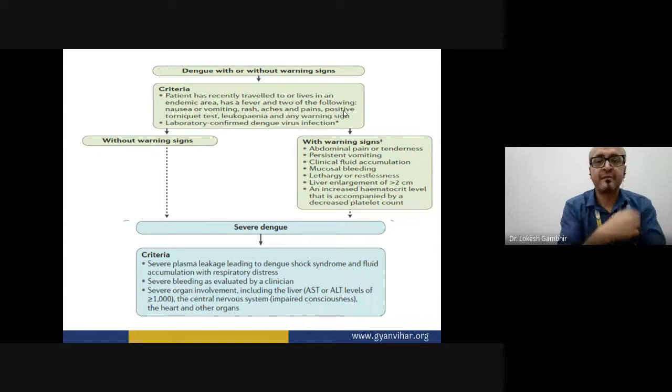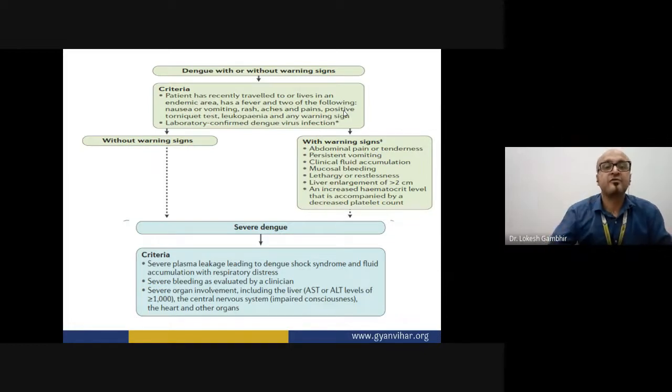There's a strap, and the pressure is pumped so that the strap tightens, you hold the pressure for a while, and then you release and open up the strap. If small red dots appear, that is a positive indication of the tourniquet test, and that means that yes, you might be getting affected by the dengue virus.